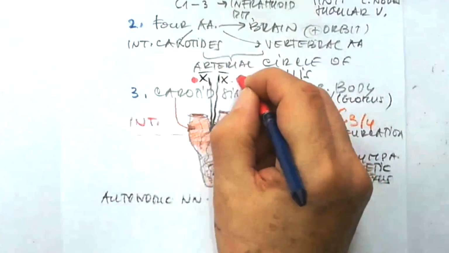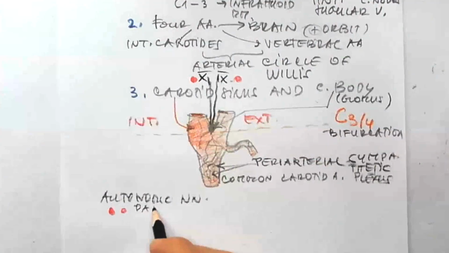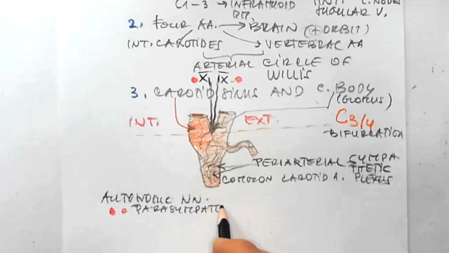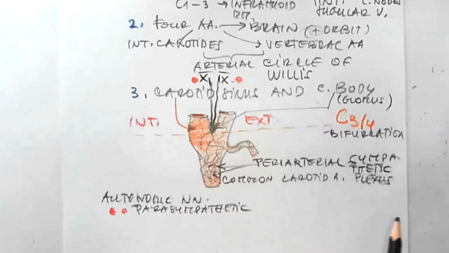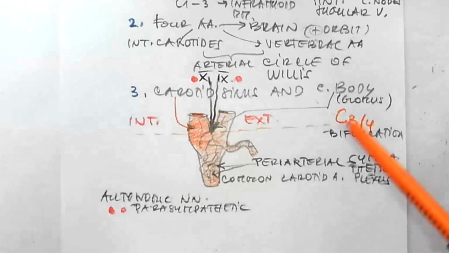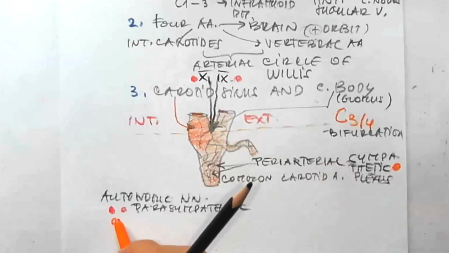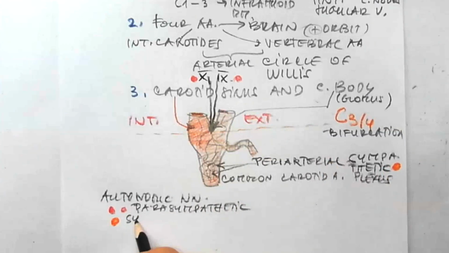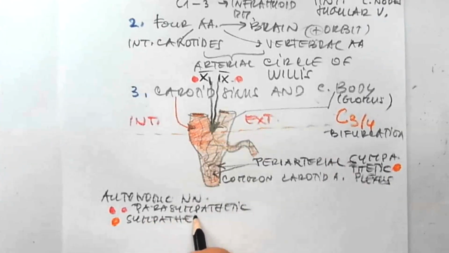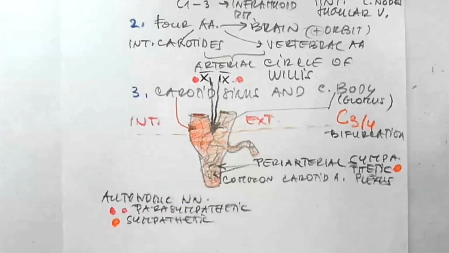Both of them, dark red, are the parasympathetic, and orange color could be the sympathetic periarterial. So there are two types of fibers, and both of them belong to the autonomic nerves.